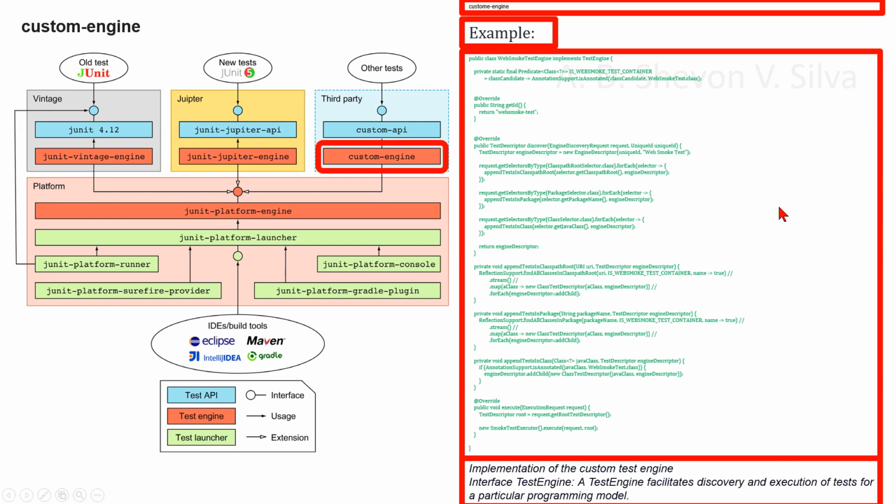Typically, a TestDescriptor implementation has to be provided by a test engine author and represent a testable element of the given programming model, such as a single test, a field test descriptor, or a container of tests like a test class descriptor.